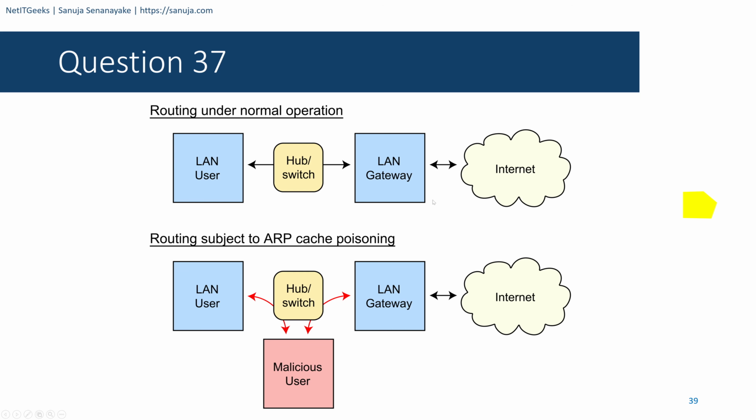In an ARP spoofing attack, also known as an ARP cache poisoning attack, another term that you may see in your Cisco CCNA lecture notes and other lecture notes, what happens is at the hub or switch, the malicious attacker is going to spoof that IP address with their own MAC address, and every single time a LAN user sends a request, it goes through the malicious MAC address, and then coming back, it goes through that malicious user's device and then reaches the end device, the host.